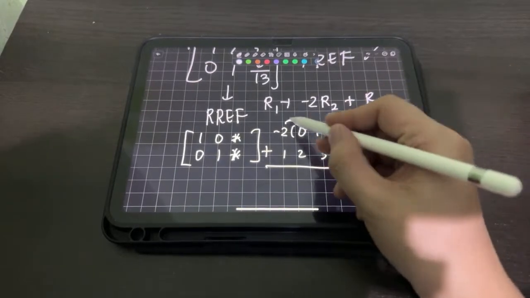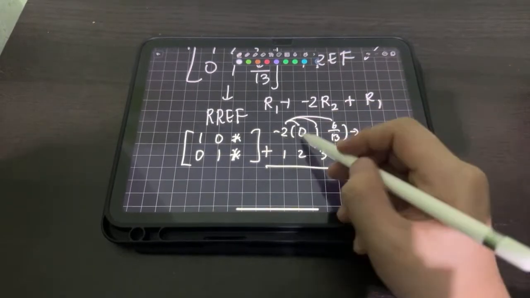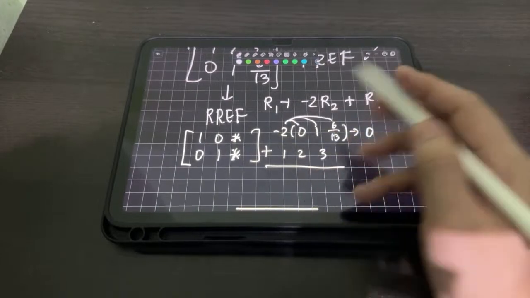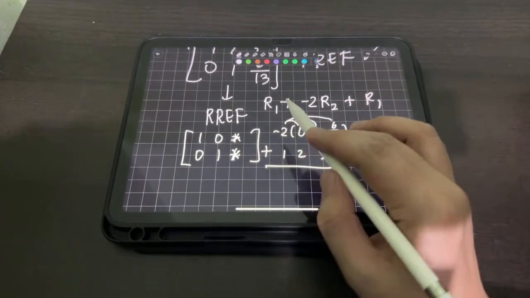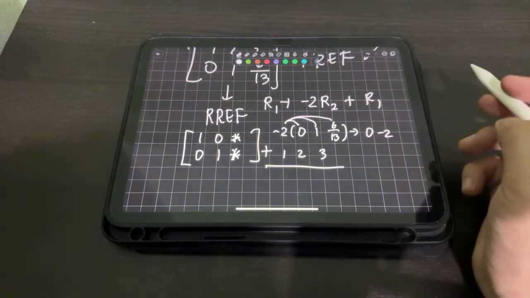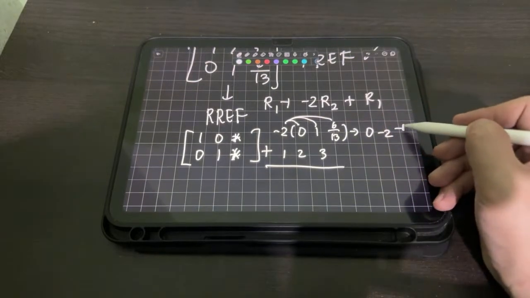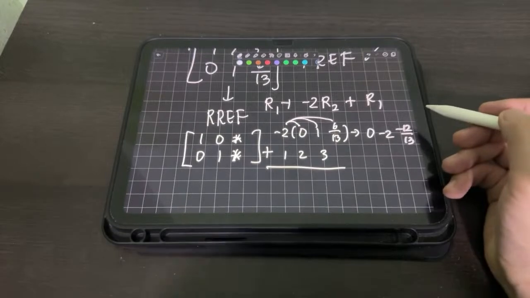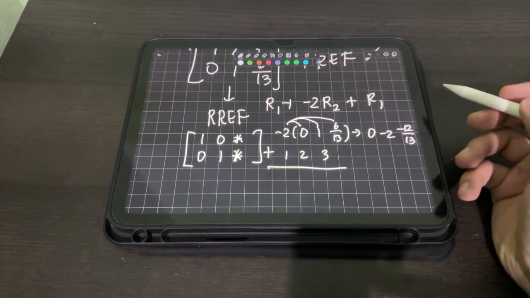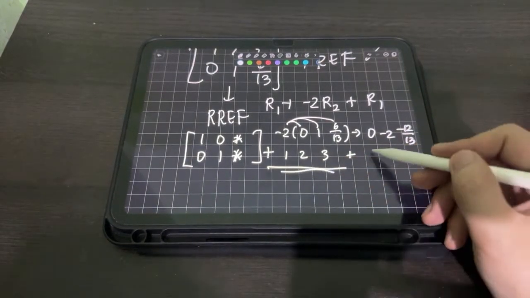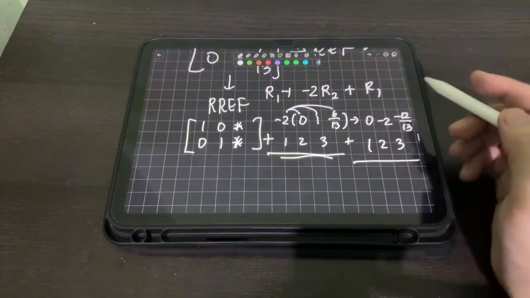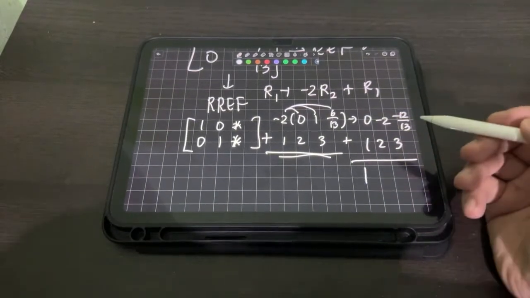Let's distribute first this negative 2. Negative 2 times 0, 0. Negative 2 times 1, negative 2. And negative 2 times 6 over 13, negative 12 over 13. Then add with 1, 2, 3. So 0 plus 1, 1.